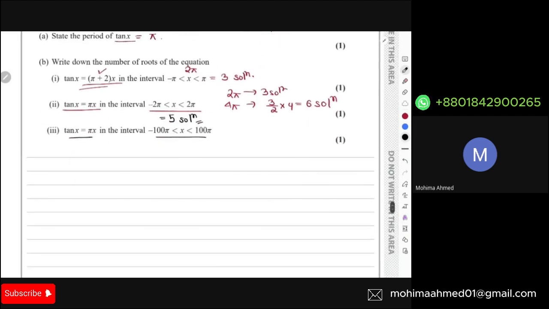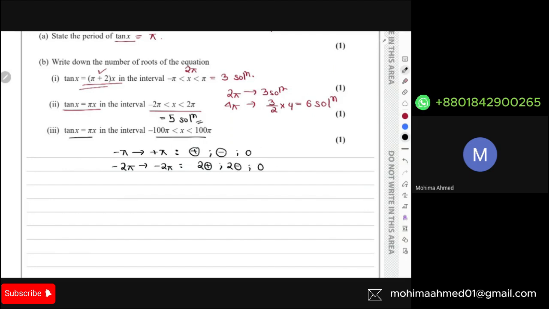So in this case, for negative pi to positive pi, you got one positive value, one negative value, and one zero value. That means for negative 2 pi to 2 pi, over here you're going to get two positive values, two negative values, and one zero value.